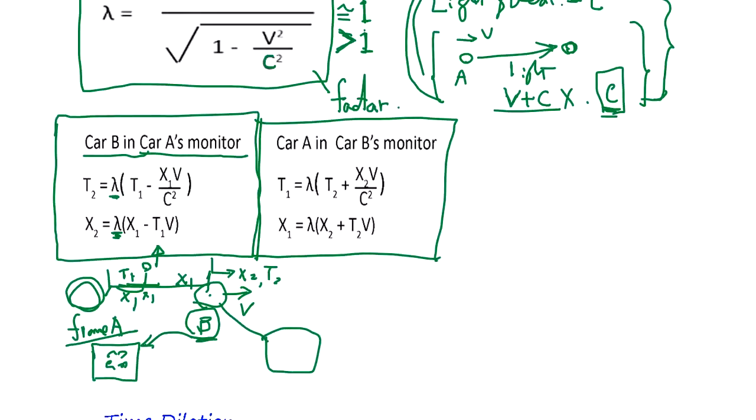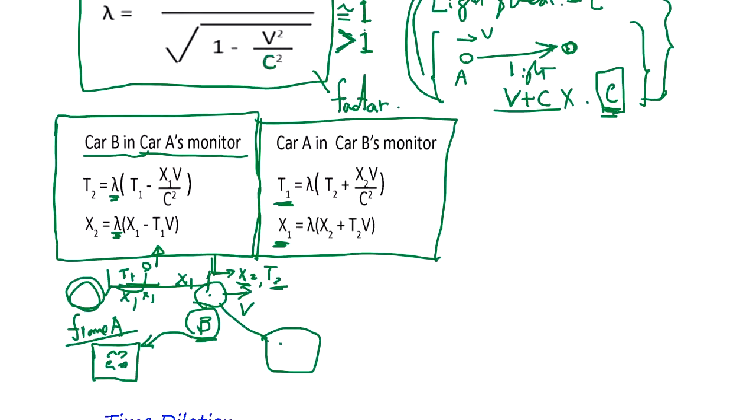Now B has a monitor and B has his own world using t2, x2. Now he wants to know what's going on in frame A. He sees the monitor, so he sees what's going on here. So this is the coordinate transformation.